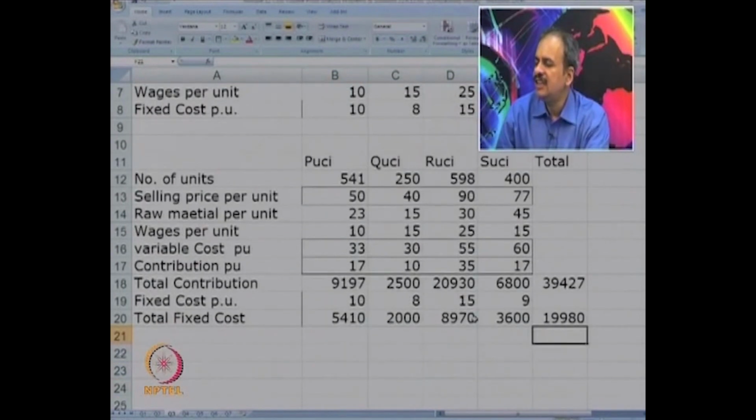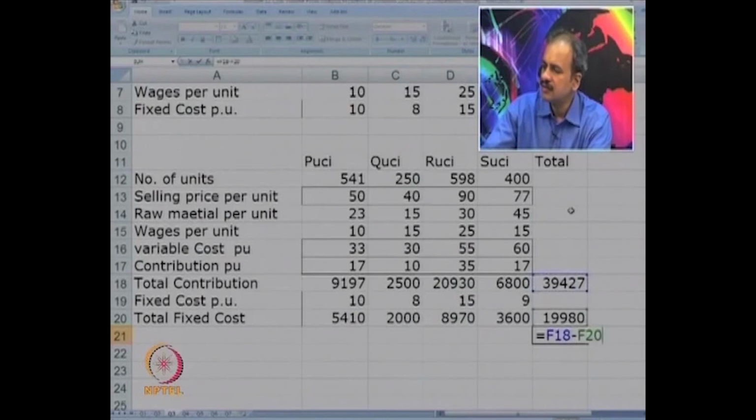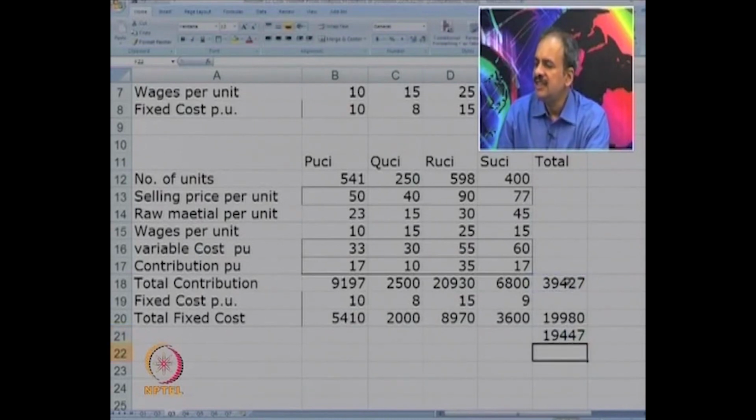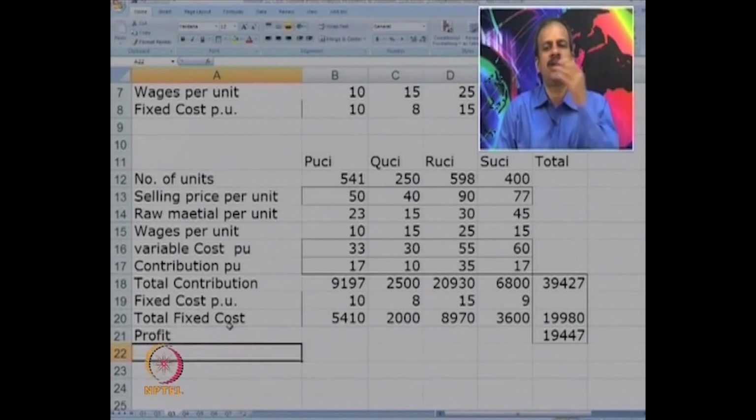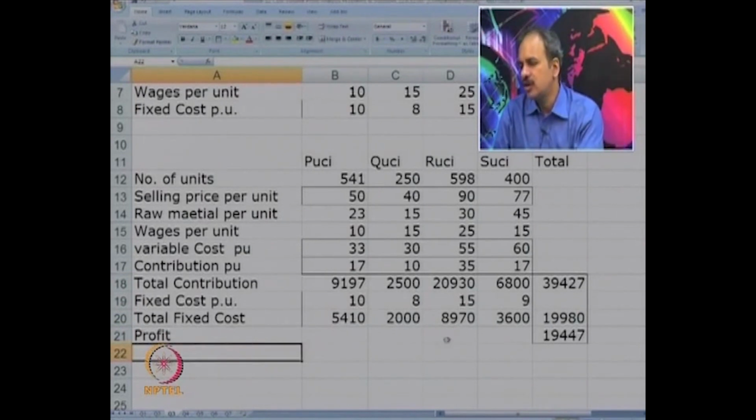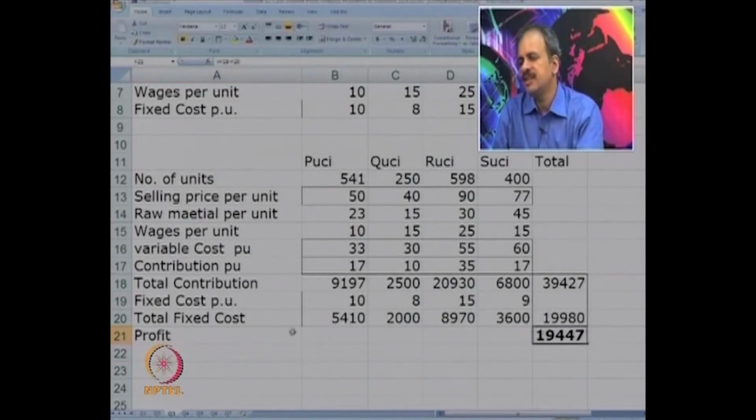So 19,980 is the total fixed cost and the profit is 19,447. So you know that profit is contribution minus fixed cost. Is it clear?